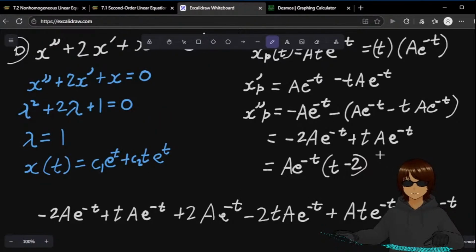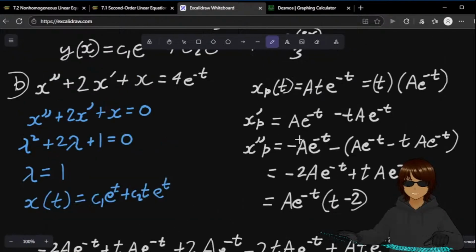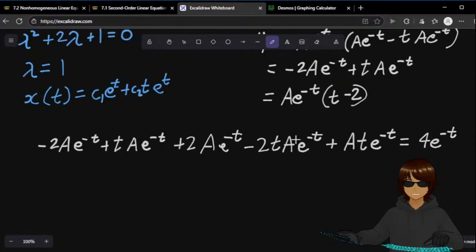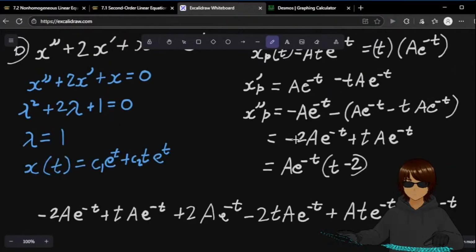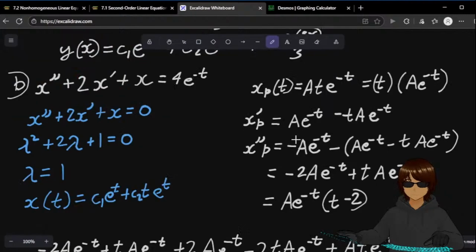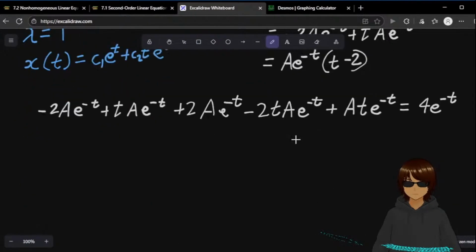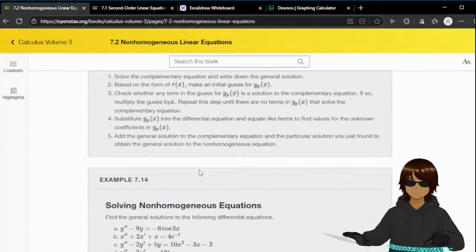Did I make a mistake somewhere? So this remains, and then plus 2. Okay, I have to look at the solution.